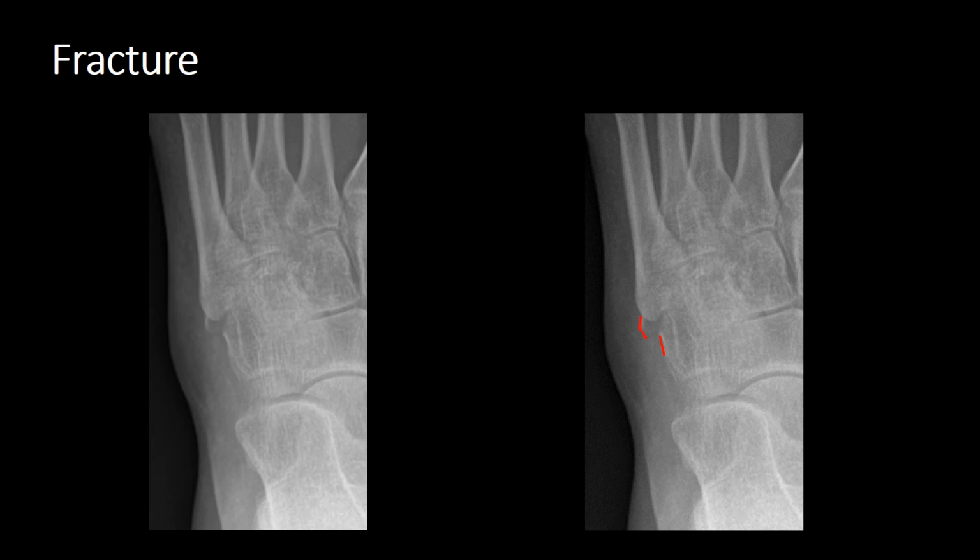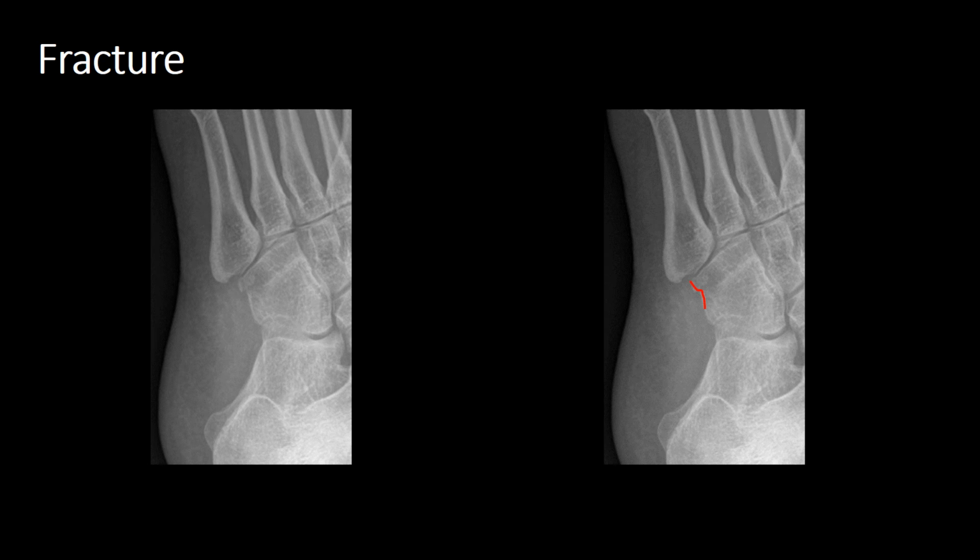Whereas an accessory ossicle is going to be smooth, well rounded, with no adjacent disruption to the host bone indicating that it's been pulled off from that location, and so therefore you can differentiate it. You do need to learn your accessory ossicles, that's very important for your exam, because you need to be able to recognise that it's normal, and two, you need to be able to describe it adequately.